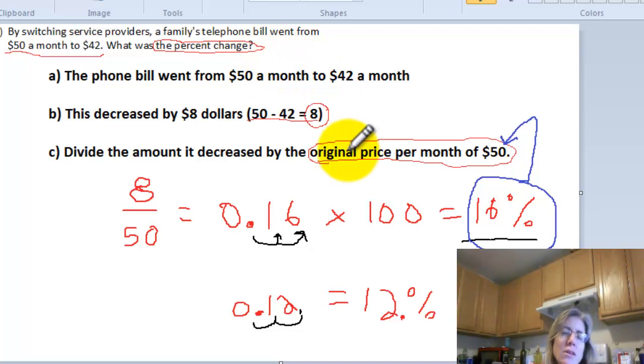So if we work this problem backwards, let me clear a space so we can do that.